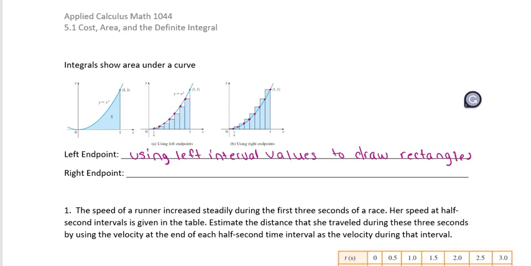And similarly, if we're using the right endpoint, then that means that we're using the right interval values to draw the rectangle. And the interval is determined by how many rectangles you want to divide it into. So if you wanted to divide it into 2 rectangles, you'd have 2 intervals. If you wanted to divide it into 10, you'd have 10 intervals.